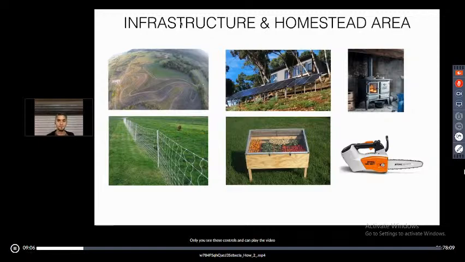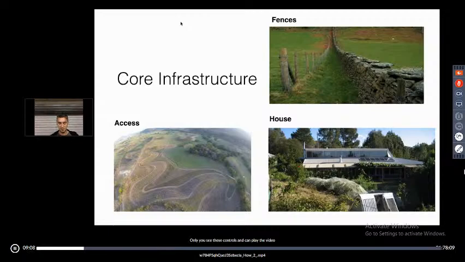And first we'll start with the core infrastructure, and with core infrastructure I mean access, fences and house. For example, when people reference infrastructure, they mean structures or fences or all the access.